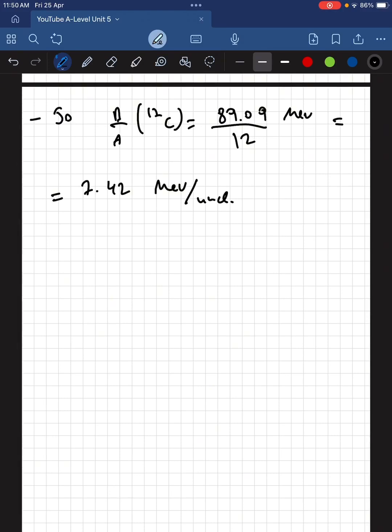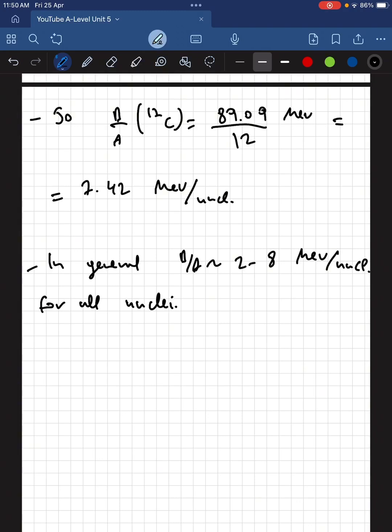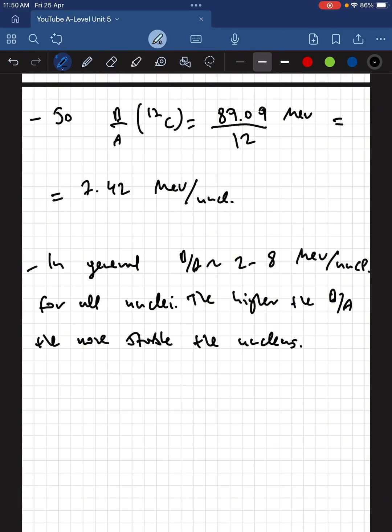Okay, so I'm going to write here that in general B over A is about 2 to 8 MeV per nucleon for all nuclei. The higher the B over A, the binding energy per nucleon, the more stable the nucleus. This is something you need to know. And again, I'm going to repeat that B over A is the energy to extract one nucleon.